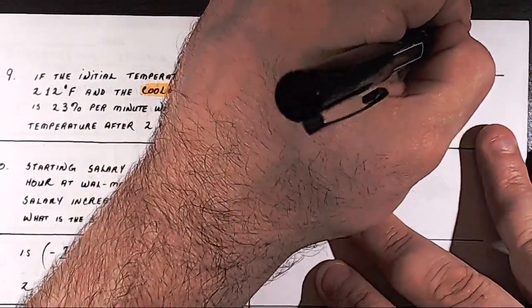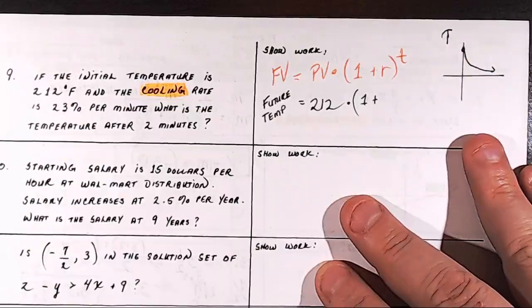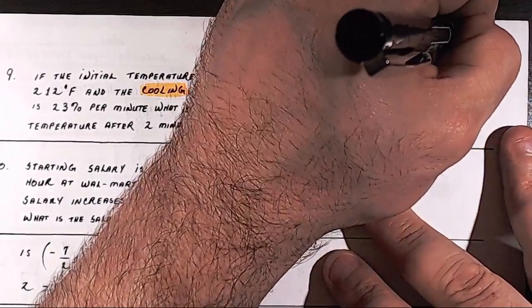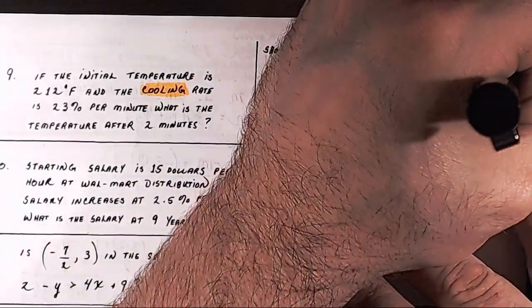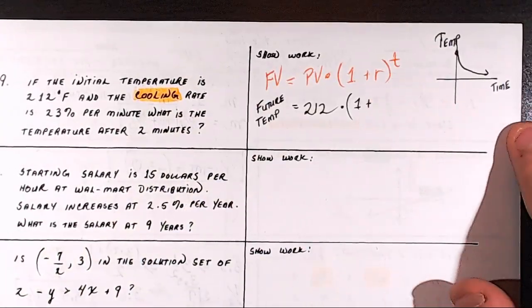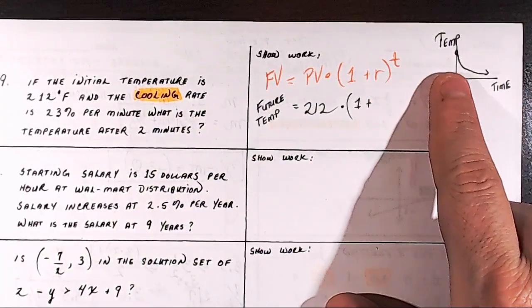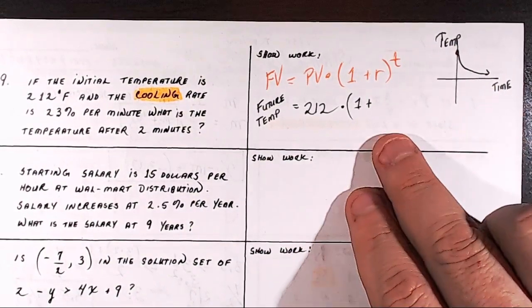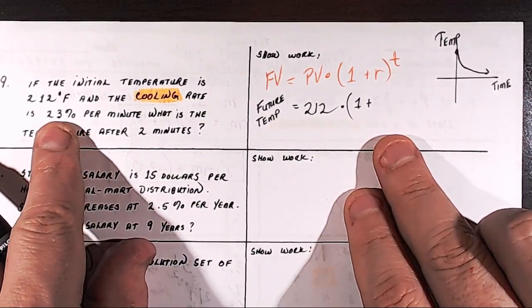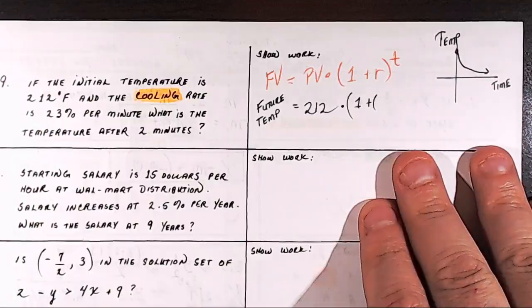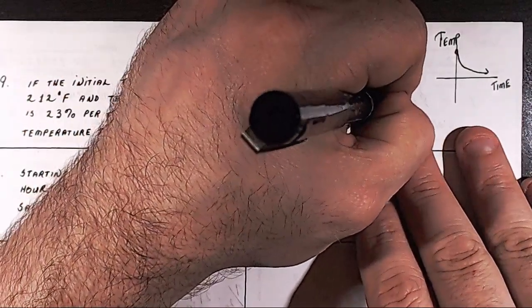If the y-axis is temperature and the x-axis is time, then with respect to time, the temperature is dropping. This is called decay, exponential decay. So the rate of change is negative.